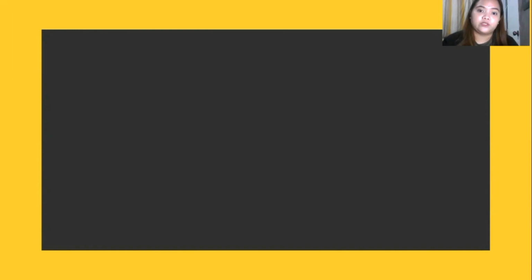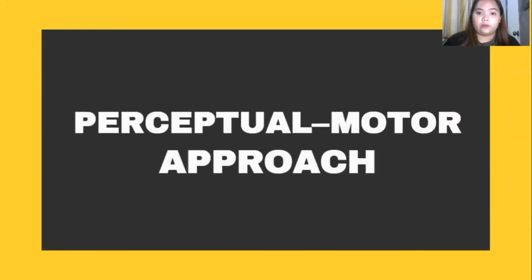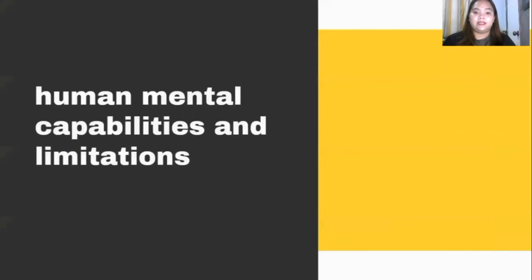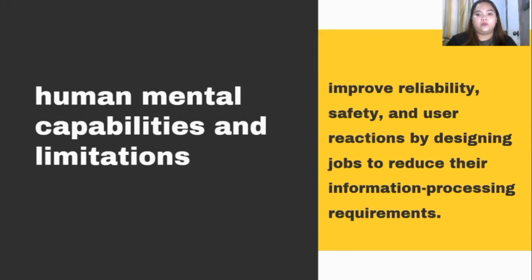So our next approach is called the perceptual motor approach. This is the last approach. If the biological approach focuses on the physical capabilities and limitations of employees, the perceptual motor approach focuses on the human mental capabilities and limitations of the employees. It improves reliability, safety, and user reactions by designing jobs to reduce their information processing requirements.